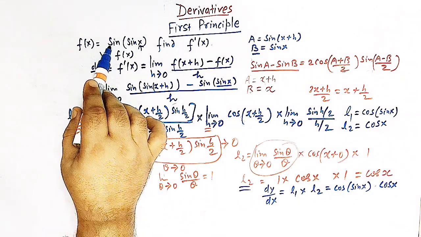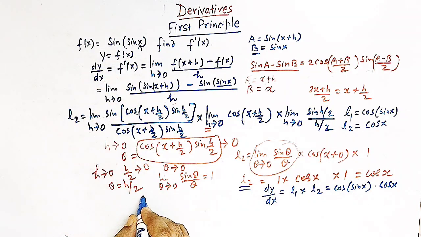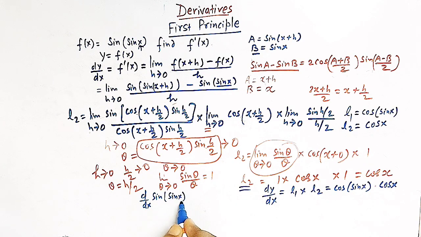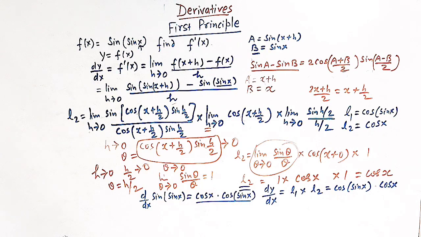So the derivative of this function, sine of sine x, is given by the expression cos x times cos of sine x. This is how, by making use of the concept of first principle, we can easily find the derivatives of functions.